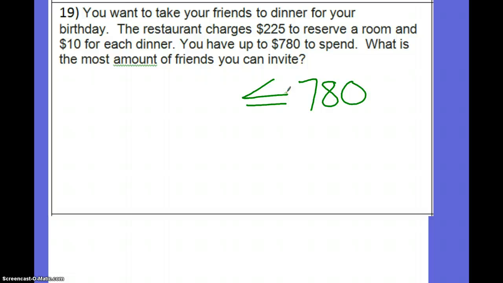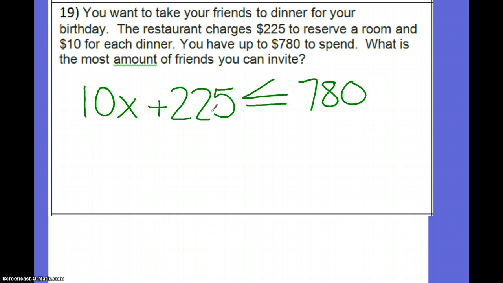And then the restaurant charges $2.25 to reserve a room. That means I pay the $2.25 just once and only once. But it's 10 for each dinner, so I'm going to be paying 10 for one person, 10 for another, 10 for another. So 10x or 10f if you want to say it's your friends, plus the $2.25 that you have to pay to reserve the room.